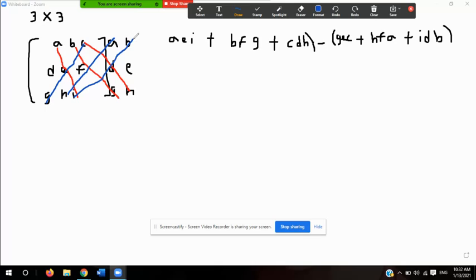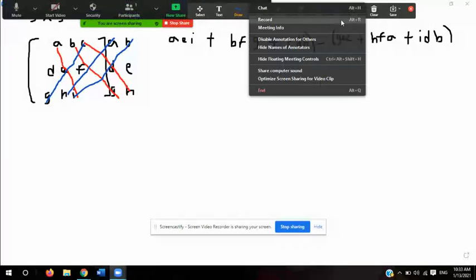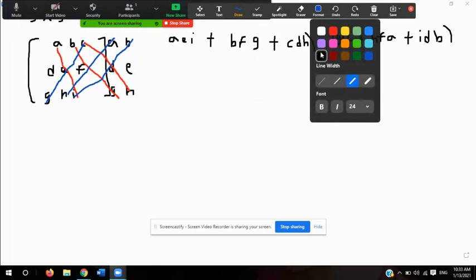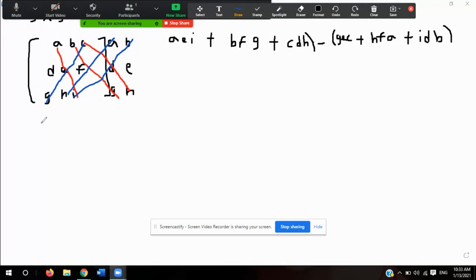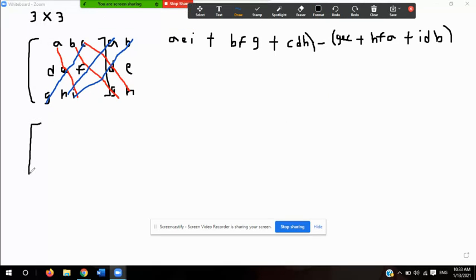Now, let's see an example of finding the determinant of a 3 by 3 matrix. And this is example 1B of your textbook, which gives us the matrix. The first row is 2, -1, and 3.